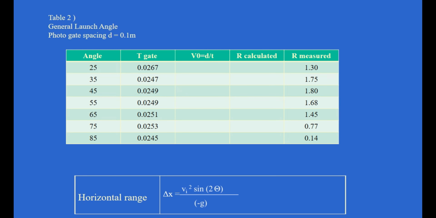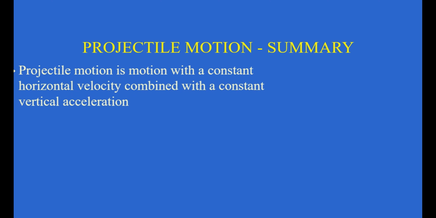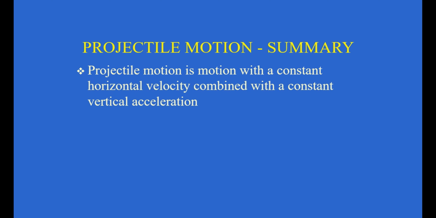This is the part 2 general launch angle table. Projectile motion summary. Projectile motion is motion with constant horizontal velocity combined with constant vertical acceleration, and the projectile moves along a parabola.